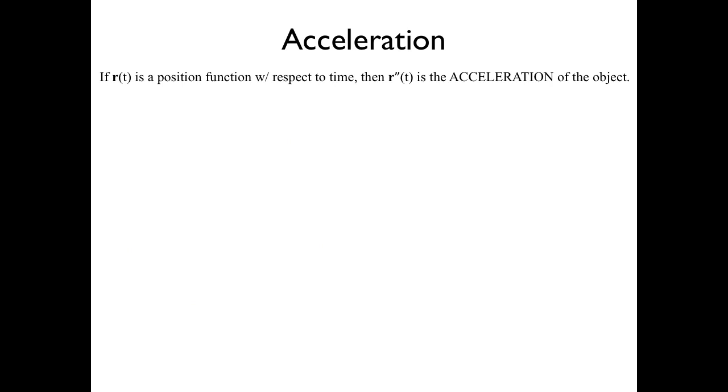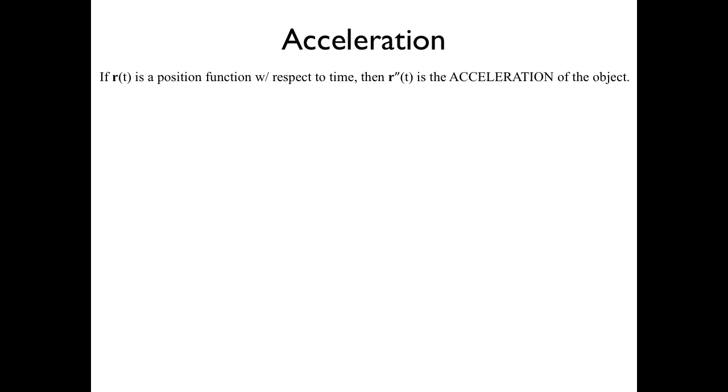So here's the setup. If r is position, then the second derivative is acceleration. So this r double prime vector is the one that we saw that was just kind of flying in the wind. It didn't really ever seem to have a magnitude that made sense or a direction that made sense. It just was kind of all over.